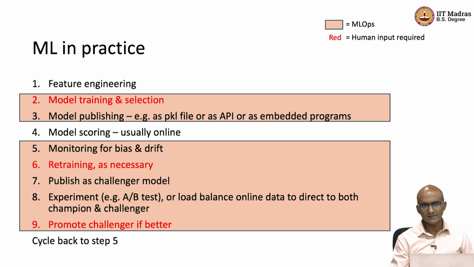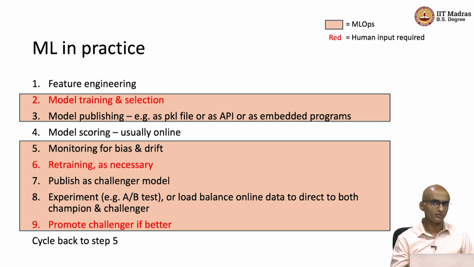What we saw during the course is that a lot of the steps associated with MLOps are the steps that you see in the colored box, and specifically the text in red pertains to when human inputs are absolutely necessary.